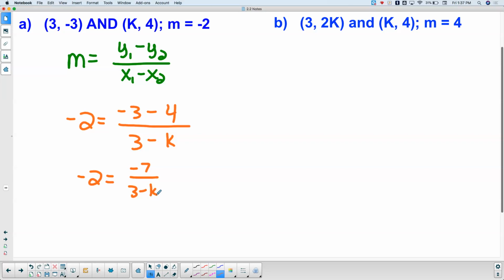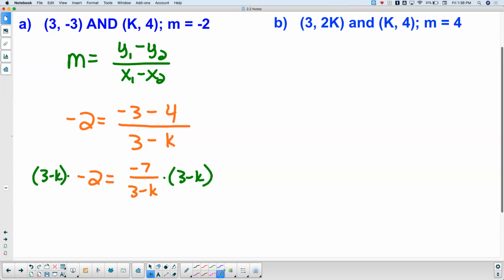How would you go about solving that? Multiply both sides by 3 minus k. Okay? So if I multiply here by 3 minus k, I've also got to multiply here by 3 minus k.